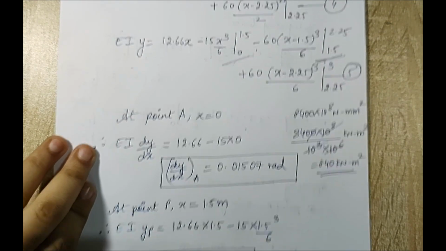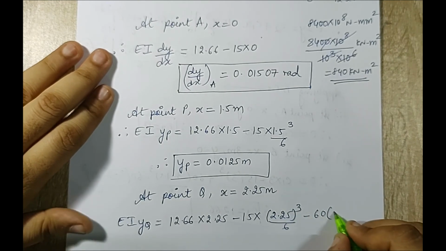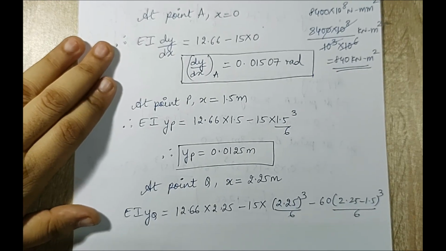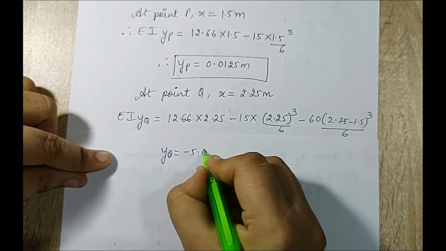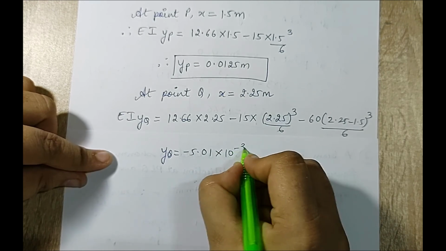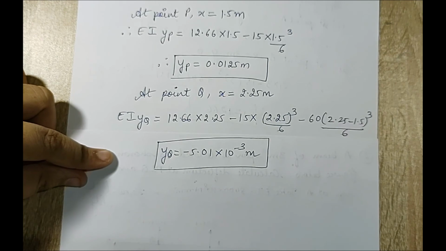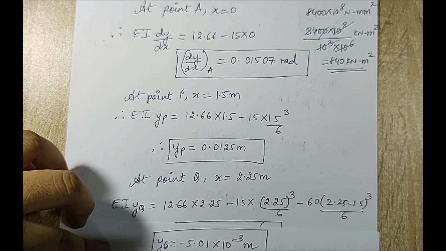So I'll have one more term into this equation, that is minus 60 into 2.25 minus 1.5 cube upon 6. I get the value of YQ as minus 5.01 into 10 raised to minus 3 meter. So this is how the numerical is supposed to be solved.